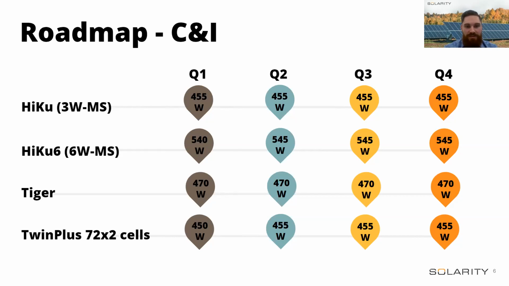In Jinko case, there is for a whole year 470 watt peak, the mainstream, and in Phono Twin Plus series, there will be in beginning of the year 450, and rest of the year also 5 watt peaks more, so 555. So now you know the mainstream. When you will prepare the project or design it, you know with what you will count.